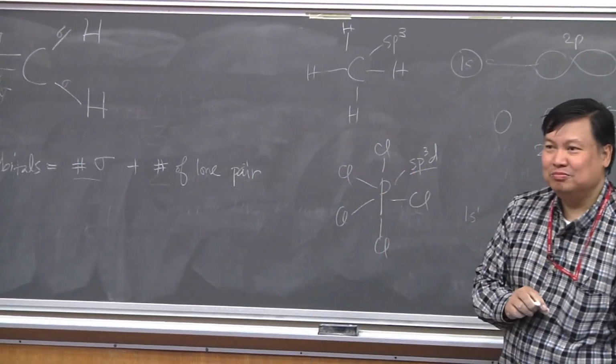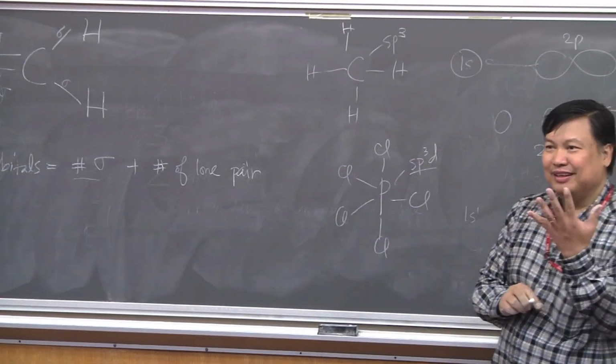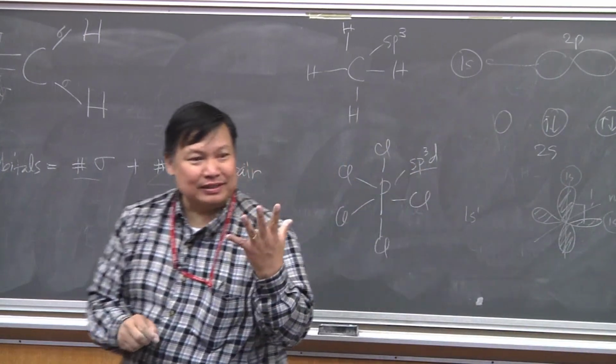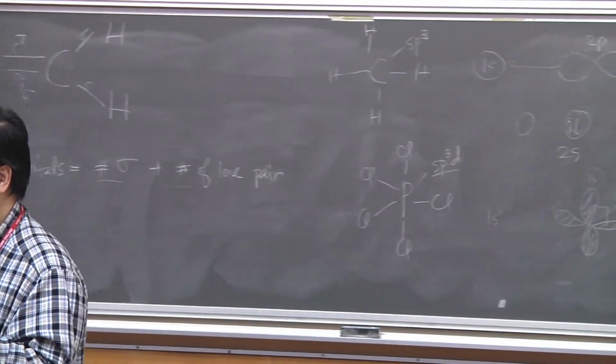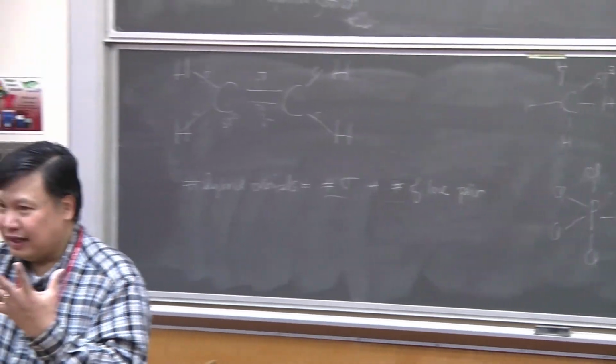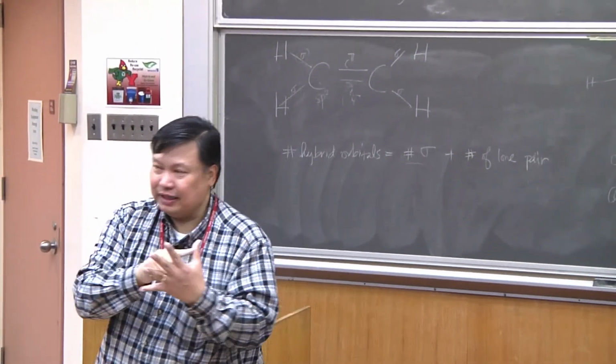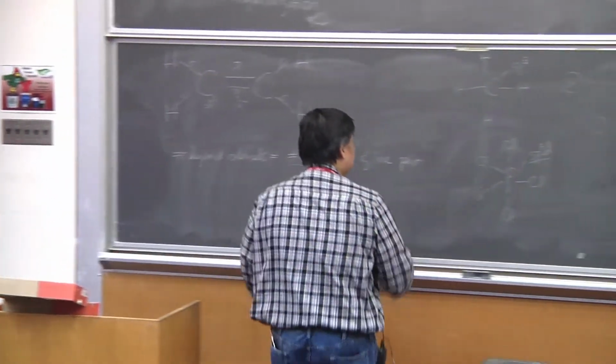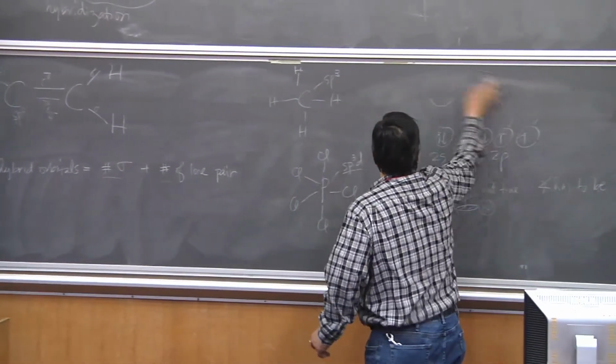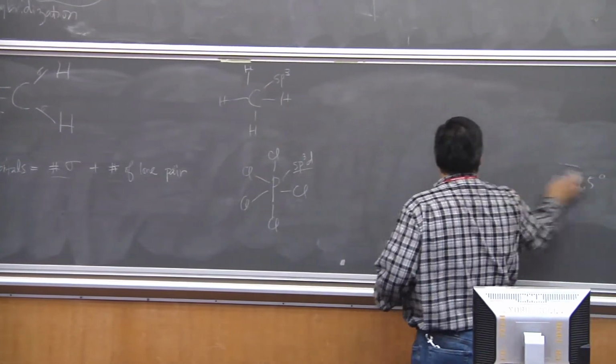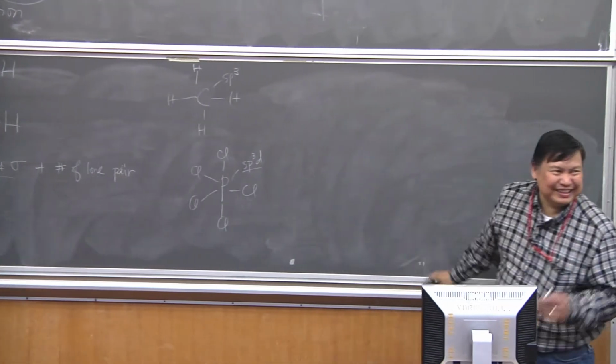Not too bad, right? Just don't mess up your fingers. So count the sigma on your fingers, including the lone pair, and then you say sp3d. Let me give you another example.